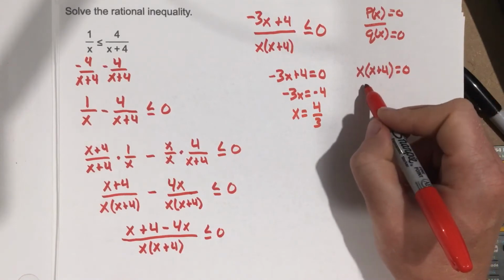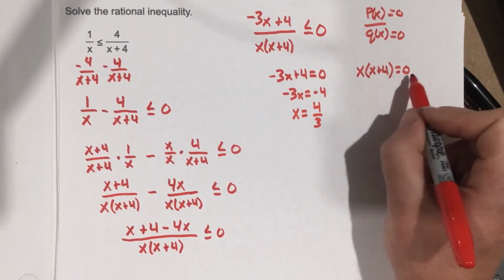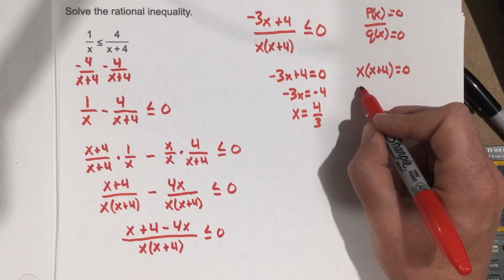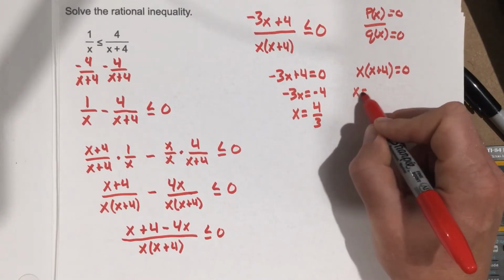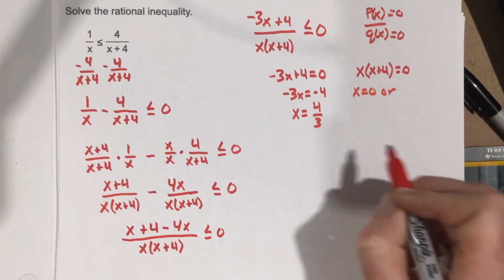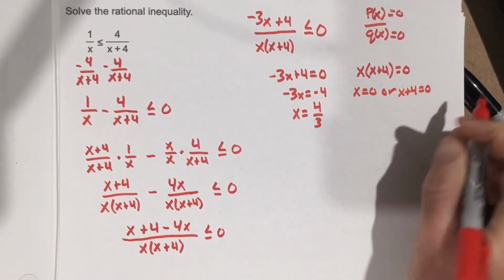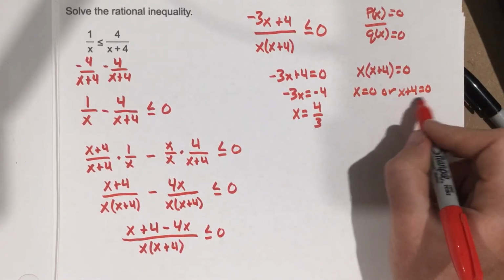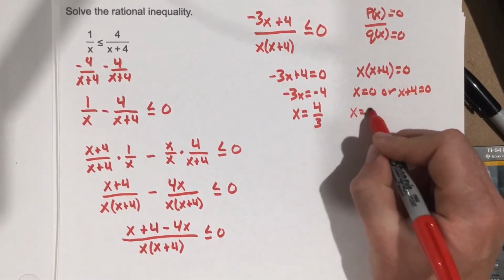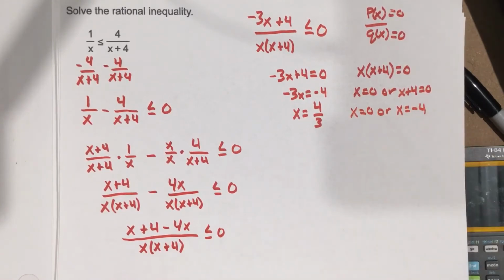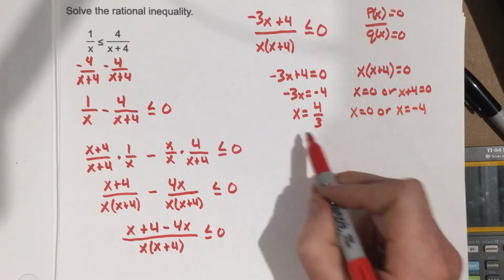Actually, I can just use the zero product property here. That'd be easier. So we're going to say x equals 0 or x plus 4 equals 0. Subtract the 4 and I get x equals 0 or x equals negative 4. So I have 3 boundary numbers here.